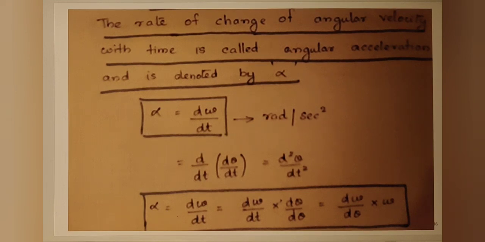We have d omega by dt, and both the numerator and denominator are multiplied by d theta. Then the equation changes to omega d omega by d theta. These are the equations used when the body is undergoing variable acceleration. That topic is not included in your syllabus.